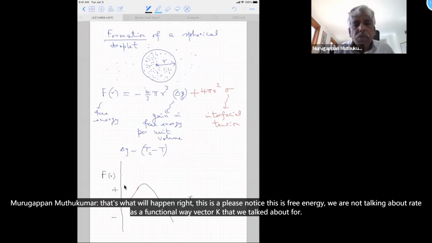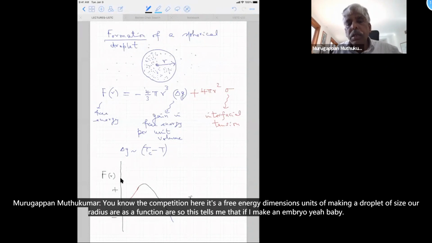Please notice, this is free energy. We are not talking about rate as a function of wave vector k that we talked about for spinodal decomposition. Here, it's a free energy in dimensionless units of making a droplet of radius r, as a function of r.